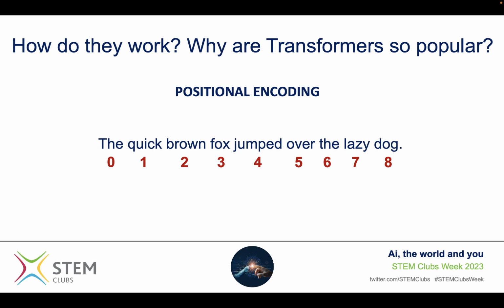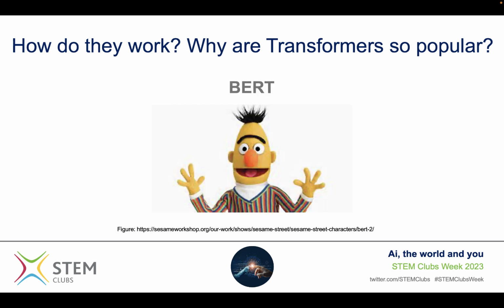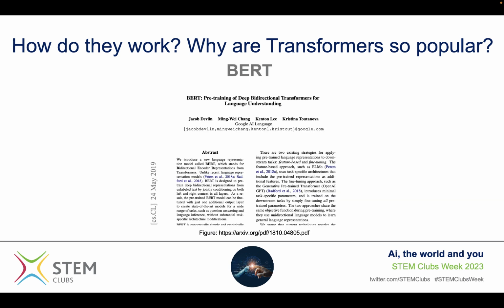Talking about word order, now is probably a good moment to highlight one of the most famous transformer models that have been developed, and that is BERT. Not this BERT, but yeah, this BERT. BERT stands for Pre-training of Deep Bidirectional Transformers for Language Understanding.